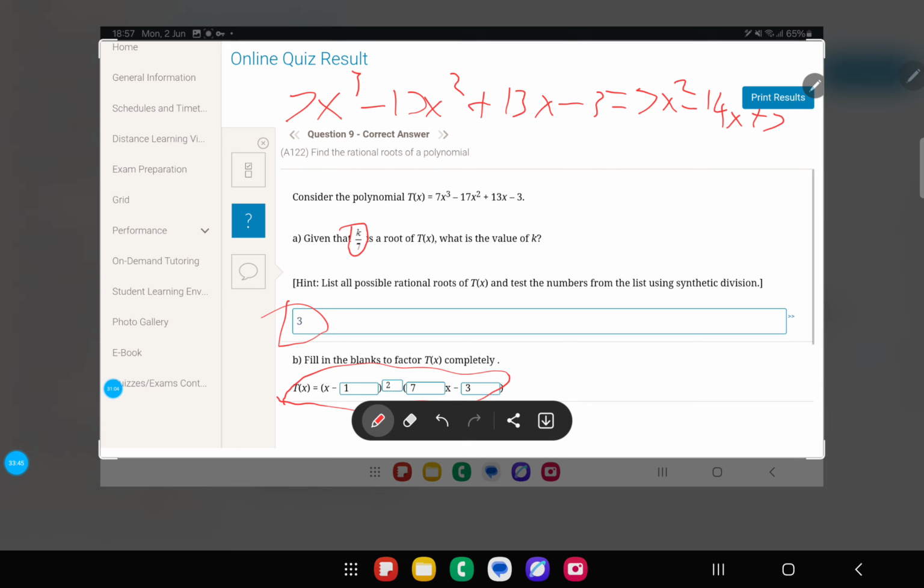Okay. Now, let's factor it. You're gonna remove the 7. It's going to become x squared minus 2x plus 1. Okay, now we made it simpler. We're gonna factor this. Okay, go mod 5.3, 1, negative 2, 1.